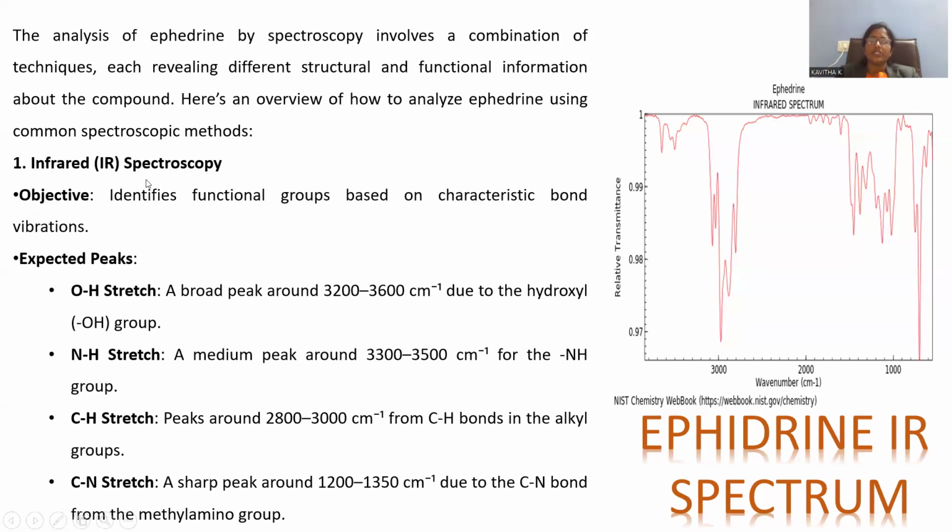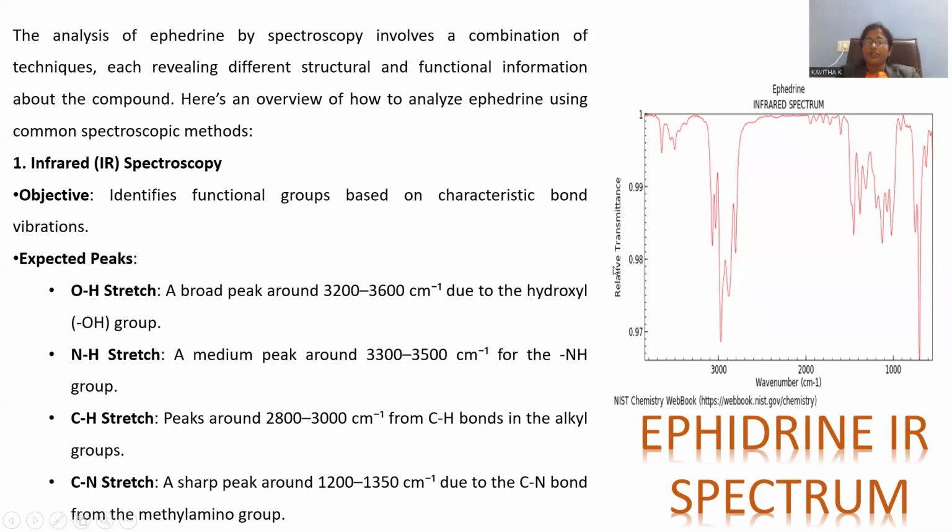Let's go with the first tool, called infrared spectroscopy. The objective of applying IR spectroscopy is to confirm the ephedrine structure. Whatever functional groups are present in the compound are identified by their vibrations, the characteristic stretching vibration bands.